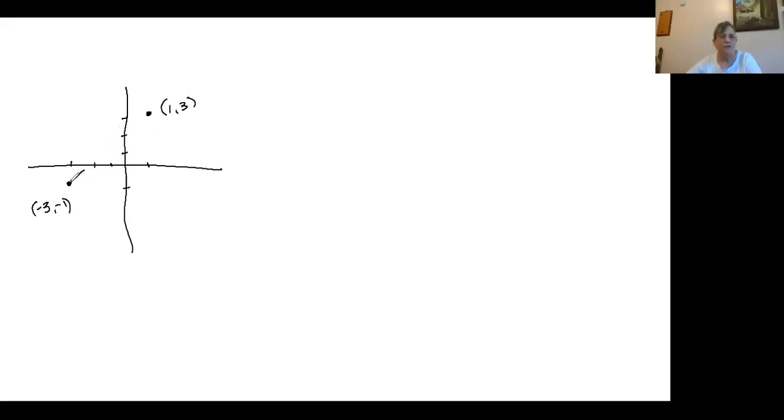If we want to look at the midpoint between these, your midpoint is a point, first of all, of course, halfway between 2 points.